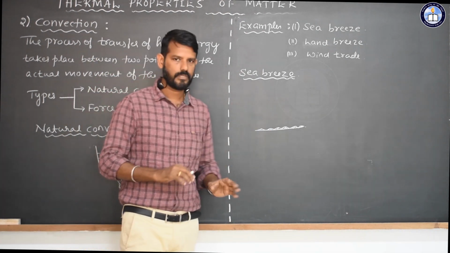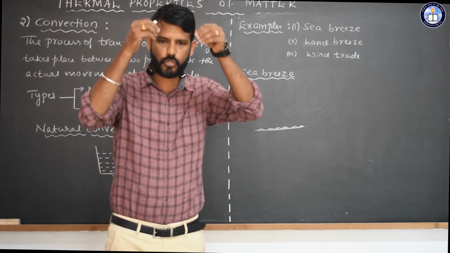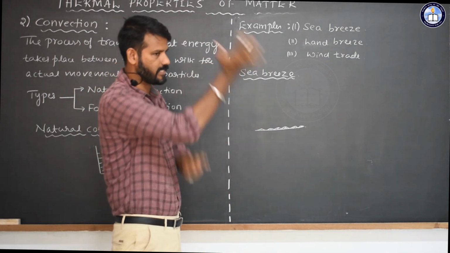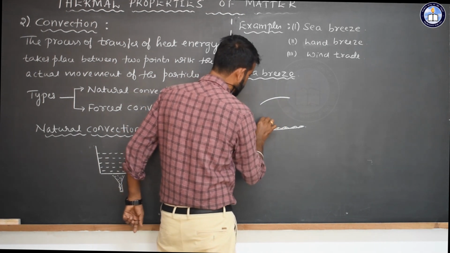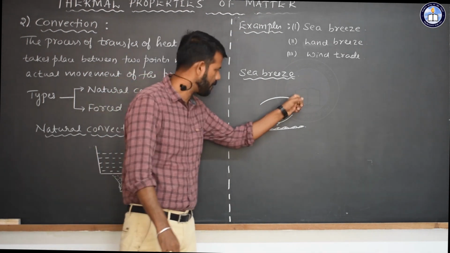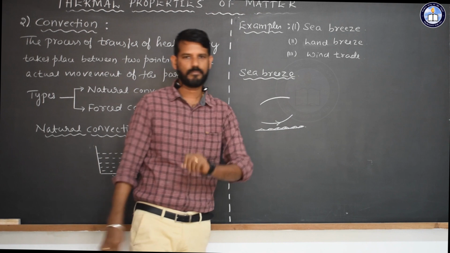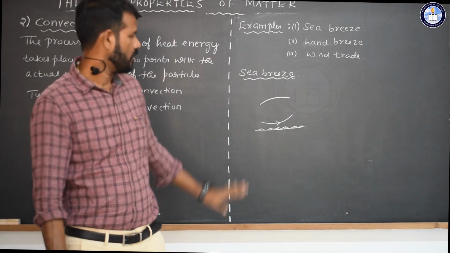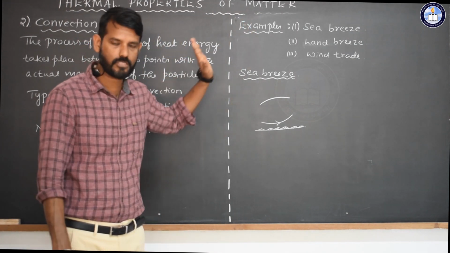As a result, these air molecules expand, so they also lose their density and will rise up. The air molecules go up. So this region of the atmosphere becomes hotter during the daytime. The phenomenon is called sea breeze here.